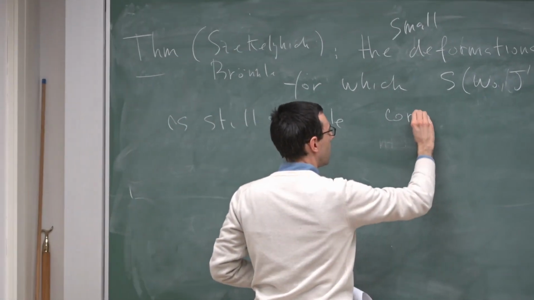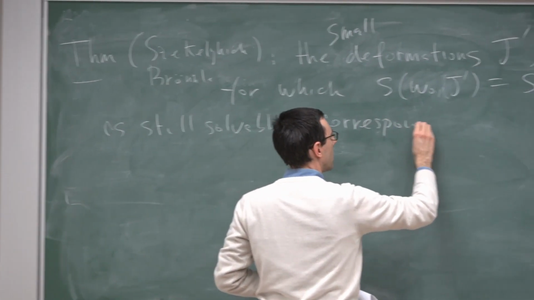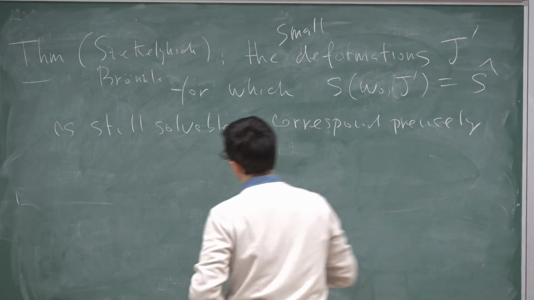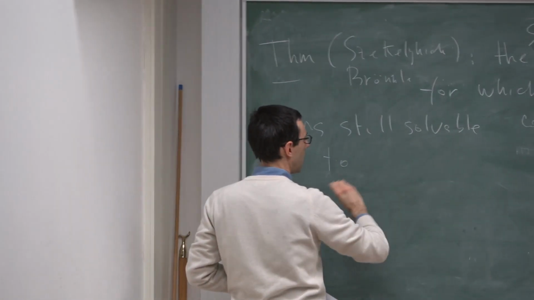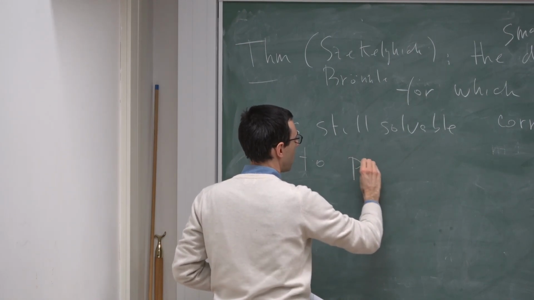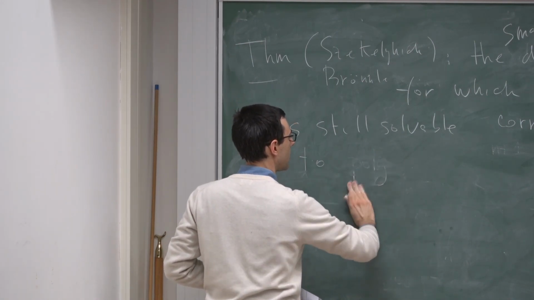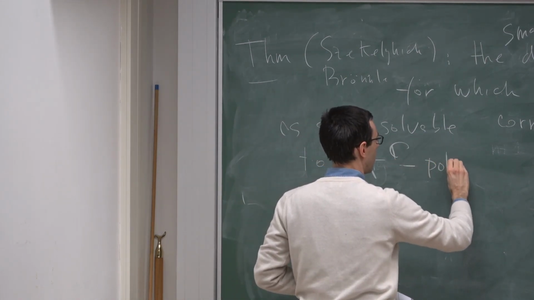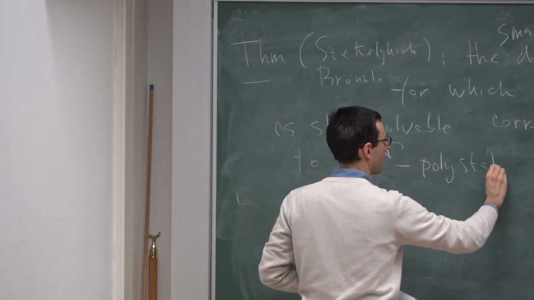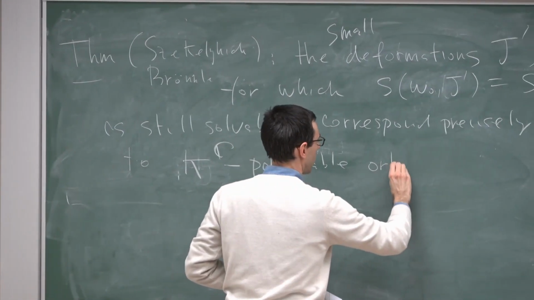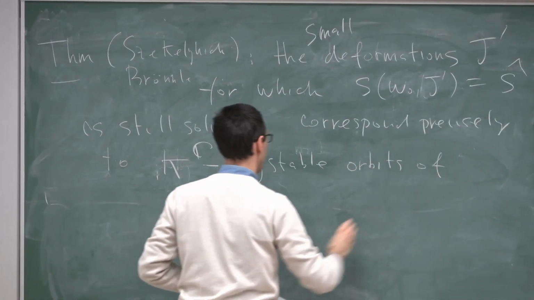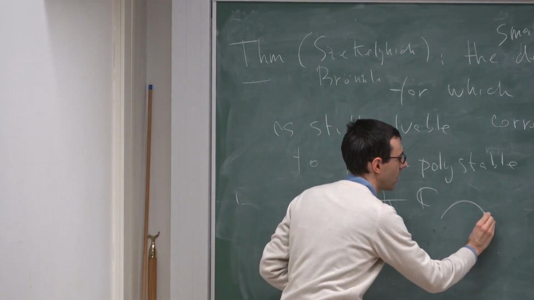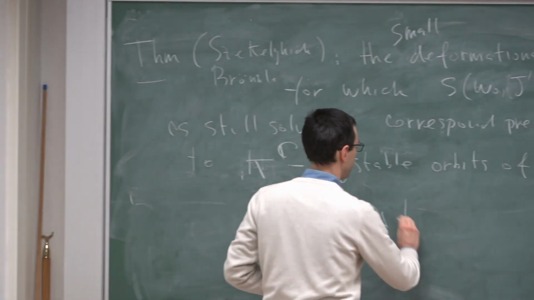They correspond precisely to the polystable orbits, the K_C orbits of this action of a finite dimensional reductive group on a finite dimensional vector space.